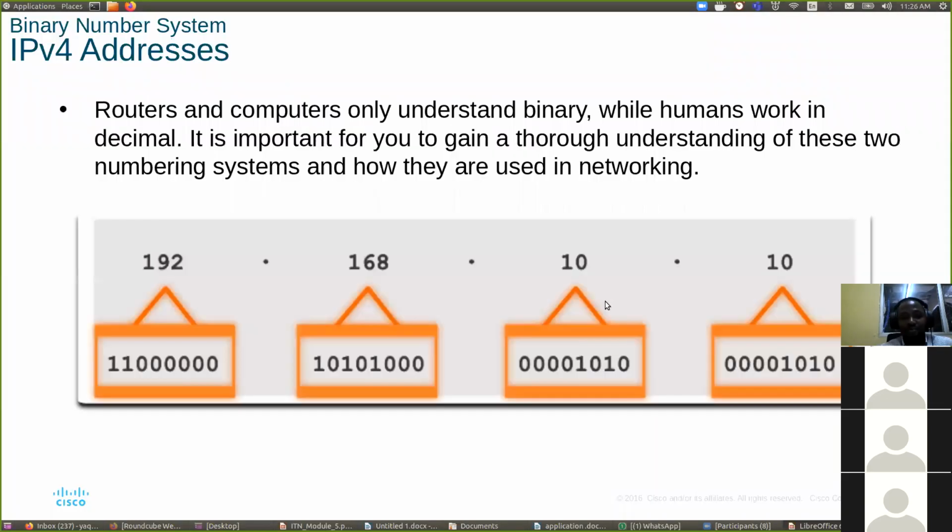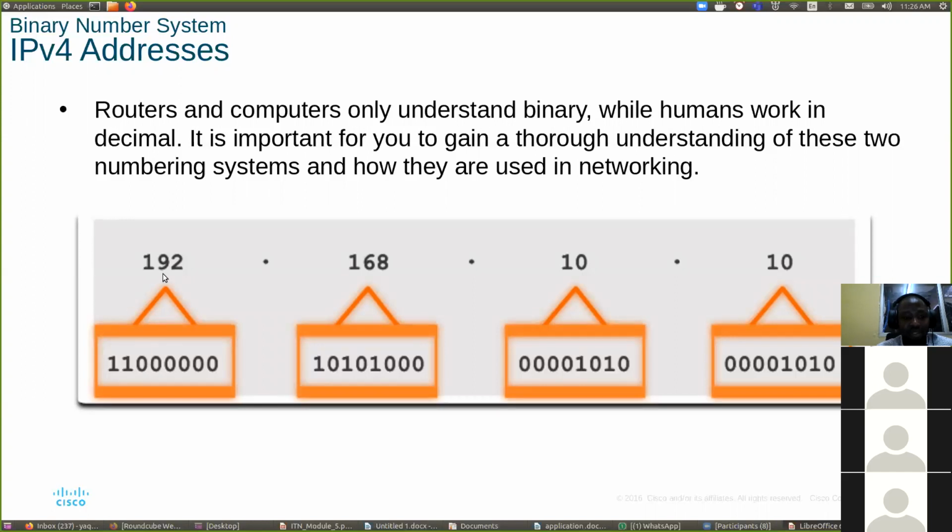All right. So you can see why we are doing this. Like I told you, computers don't understand decimal numbers. They understand binary numbers. So if you give the computer this address 192.168.10.10, it is going to convert it to binary to be able to use it.